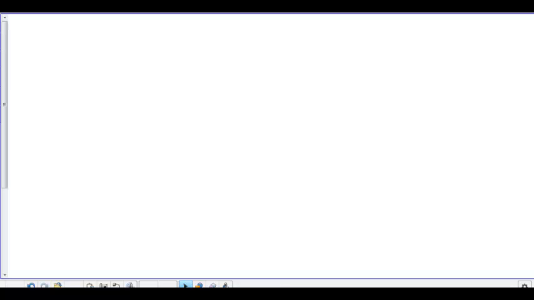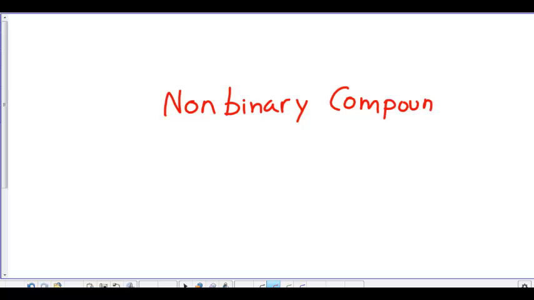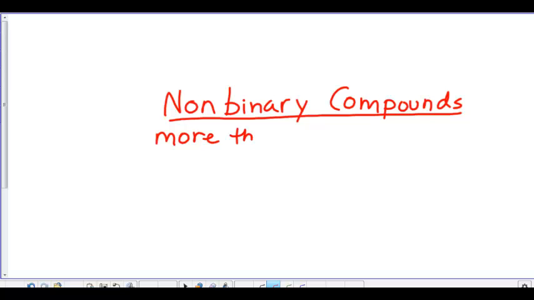And in this lesson today, we're going to talk about how to name non-binary compounds. So these compounds that we learn how to name will have more than 2 capital letters.